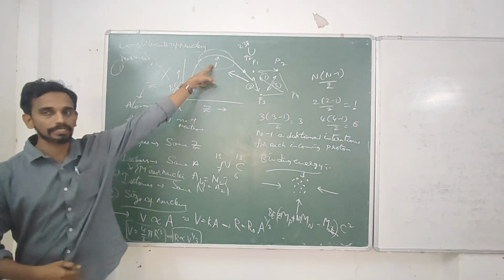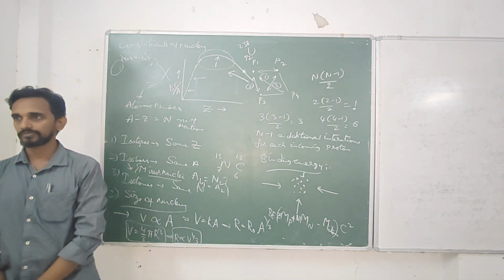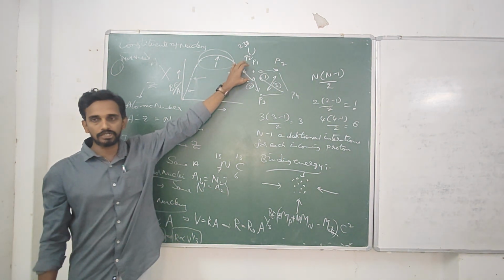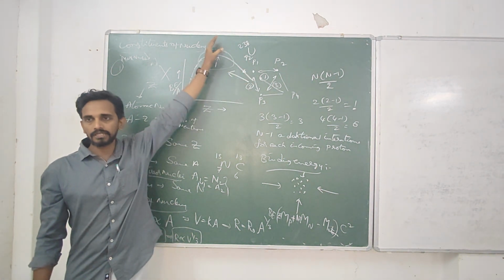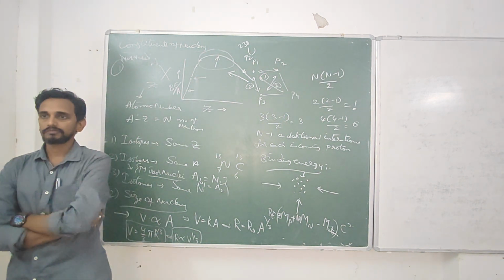So you require more binding energy, and the difference of energy will be released as energy. You require less energy per nucleon to keep a uranium atom together than iron or any other.